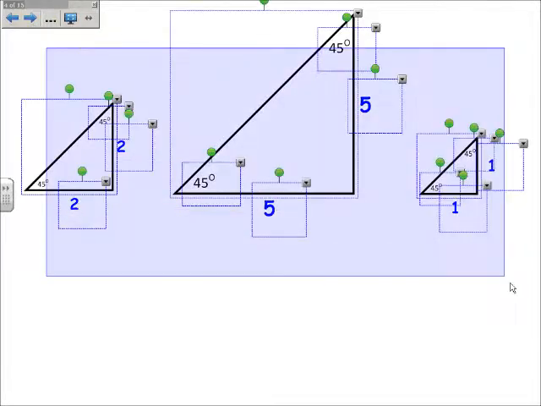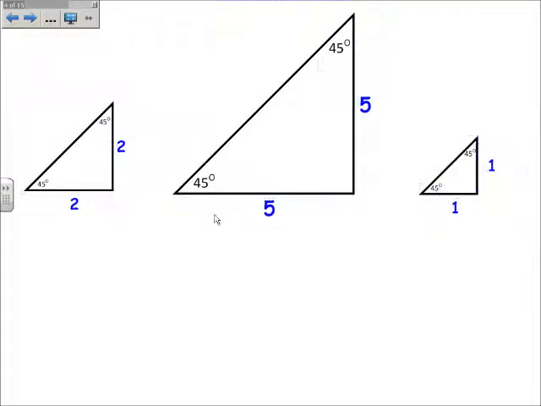Now I'm going to use the Pythagorean theorem to figure out what the length of the hypotenuses are. But my goal is to find a faster shortcut instead of doing this every time. This is x, and these are all right triangles, so the Pythagorean theorem works. So 2 squared plus 2 squared is equal to x squared, x being the hypotenuse.